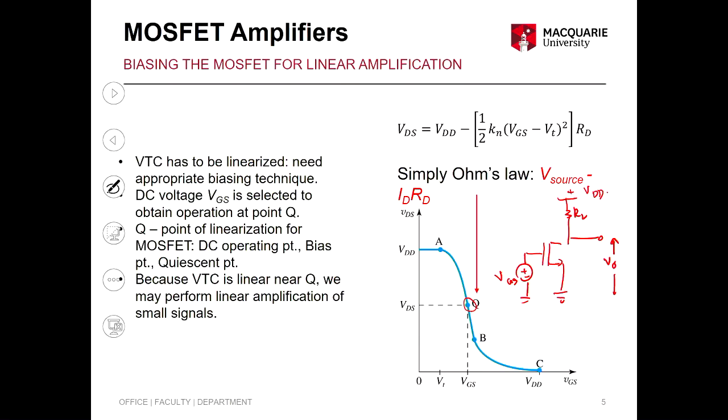Effectively, you will have a signal on top of the DC signal. So for example, if it's a microphone, you'll be talking to that, and then your signal will modulate the DC level, right? So you are simply changing the level of VGS on top of that.